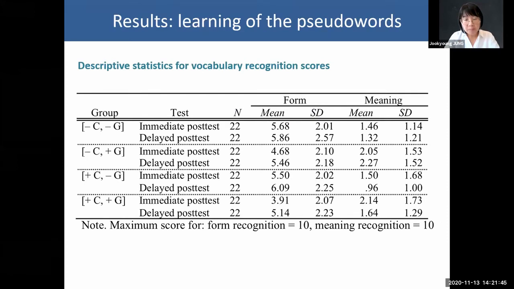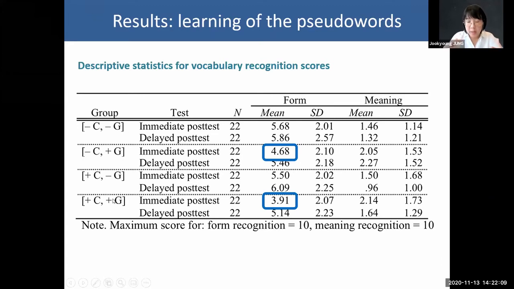And when it comes to the learning of the pseudo words, here you can see the form recognition scores and meaning recognition scores for immediate and delayed post-tests. And I saw some interesting results. That is, form recognition scores were shown to be lower for the glossed versions.